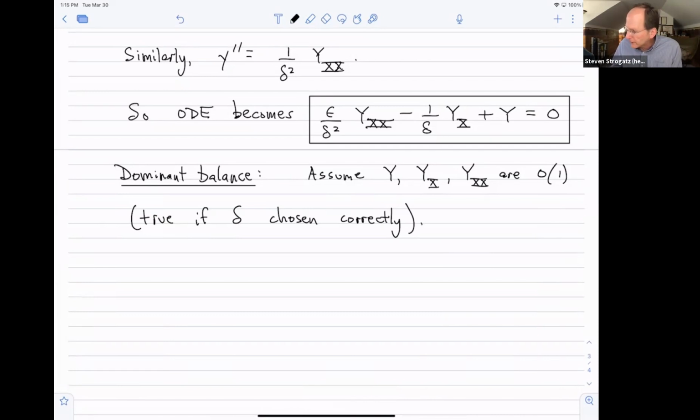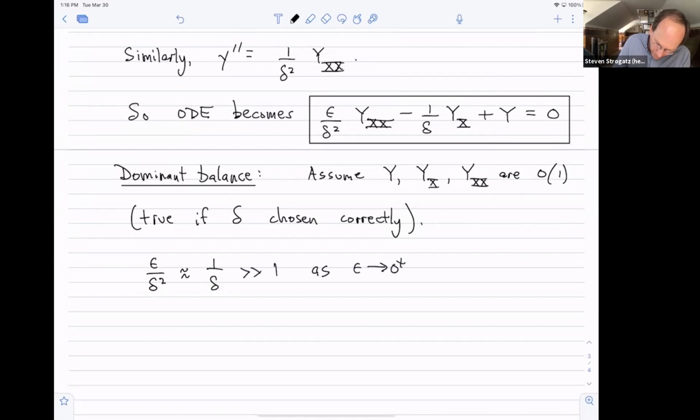And what we do is then write out what is the dominant balance as epsilon goes to 0. Is it, for instance, that epsilon over delta squared is comparable to 1 over delta, but both of them are much greater than 1 as epsilon goes to 0.